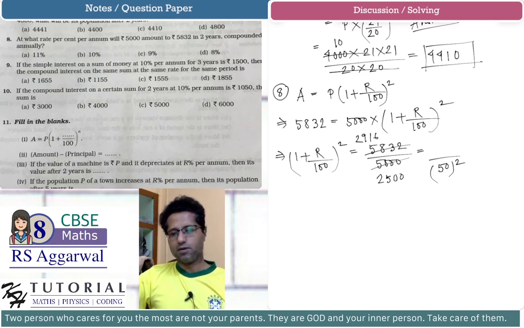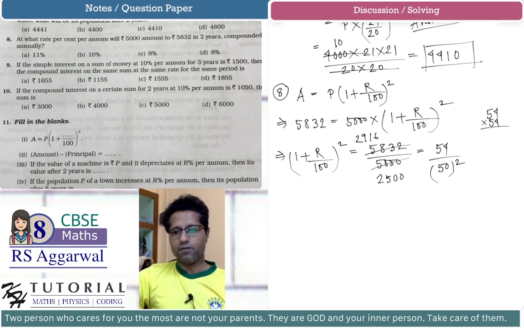Now in the numerator you can see 2916, the last digit is 6. Since 2916 is ending with 6, the square root of 2916 has to end with either 4 or 6. So possibly this will be 54, but you can always check it out.